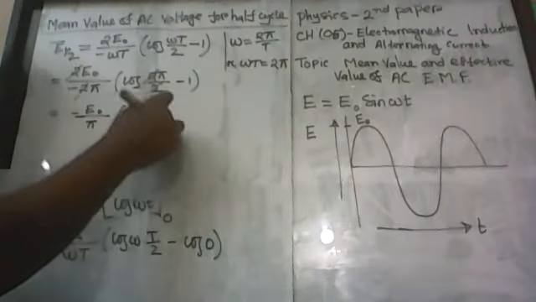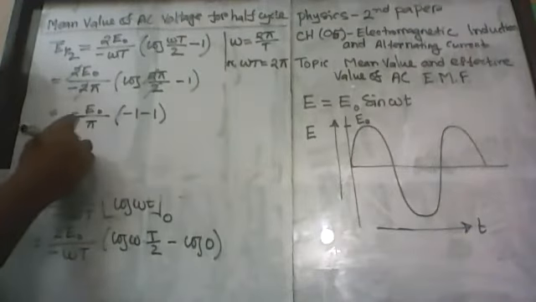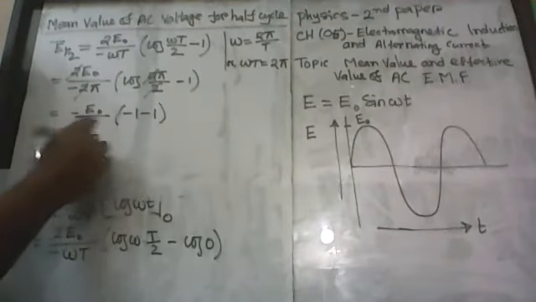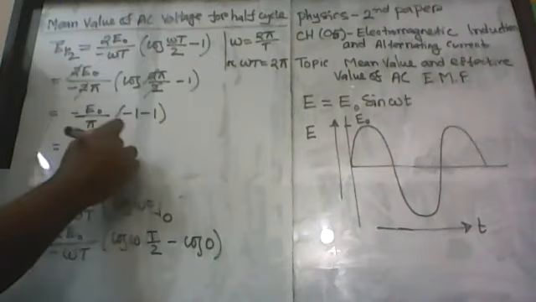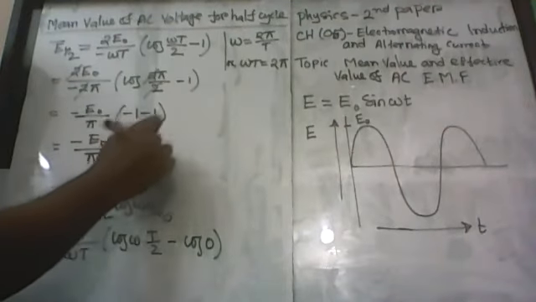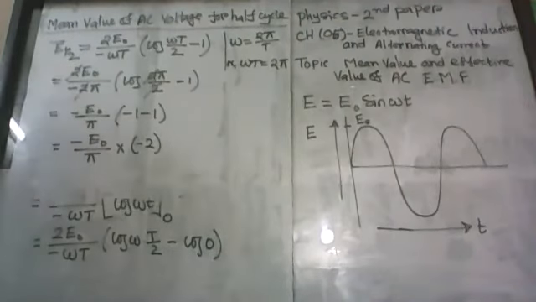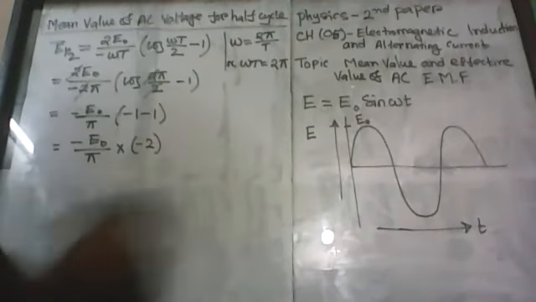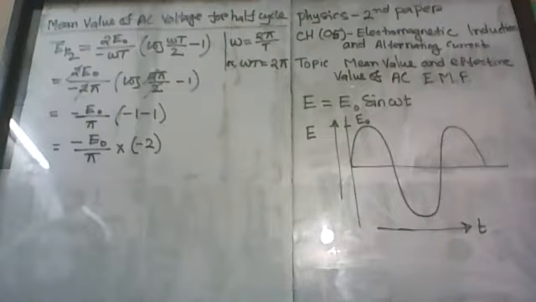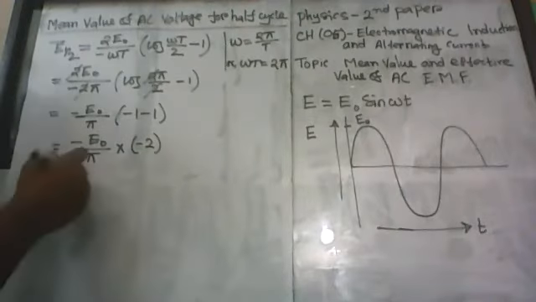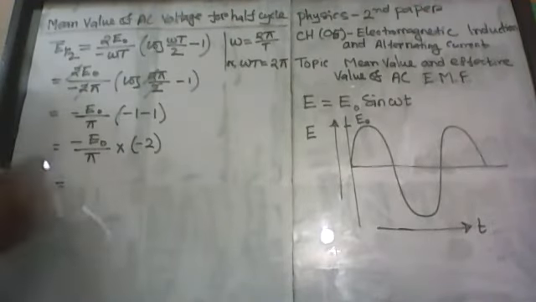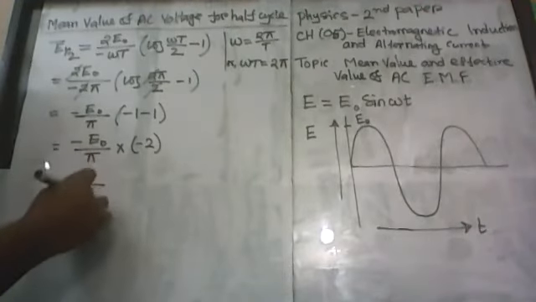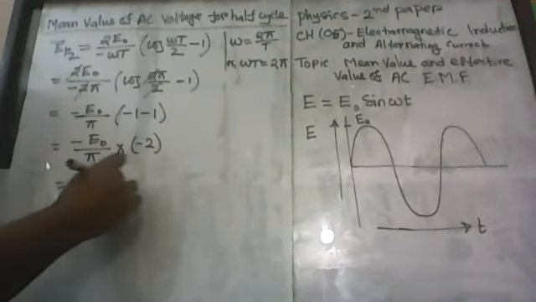So minus 1 gives minus E naught divided by pi multiplied by minus 2. Minus and minus will equal plus, so 2 divided by pi into E naught.